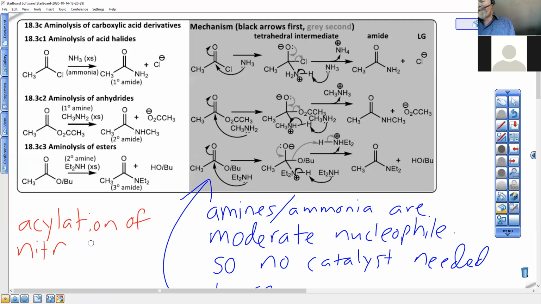Once again, writing and talking don't always mix. We're putting an acyl group on nitrogen. We called it aminolysis because the nitrogen was being used to break apart this derivative. So this is a great way to make amides. We have learned lots of ways of making these new functional groups.